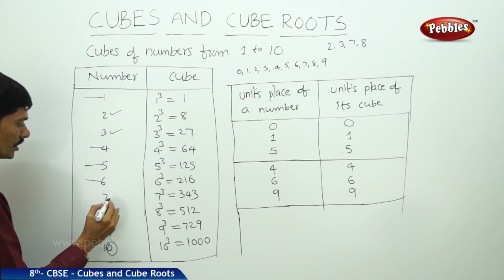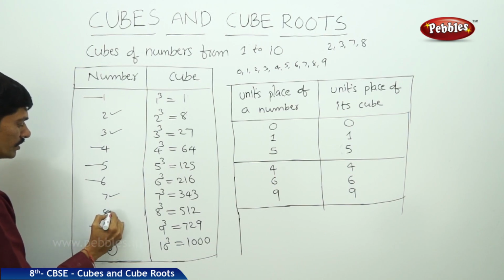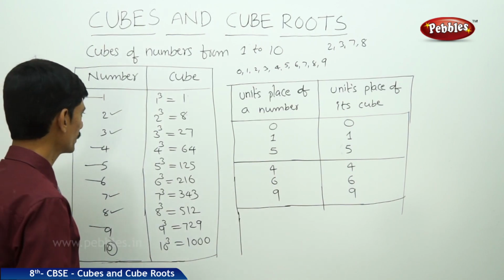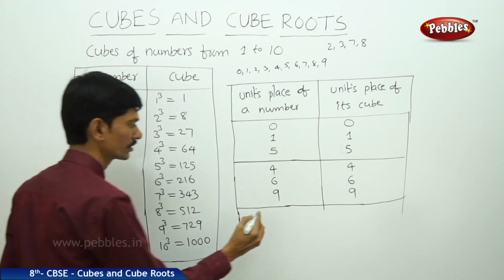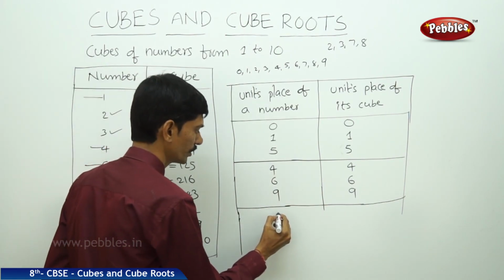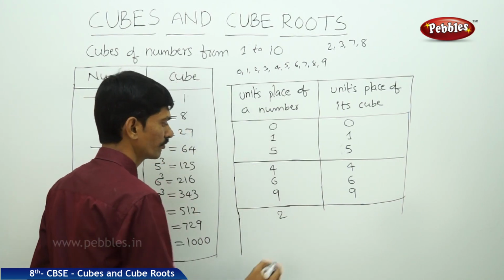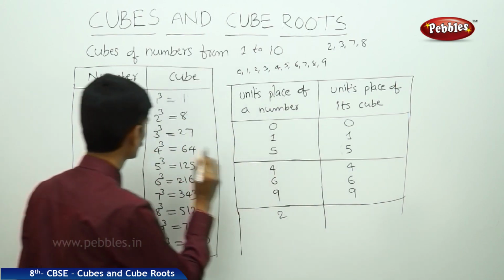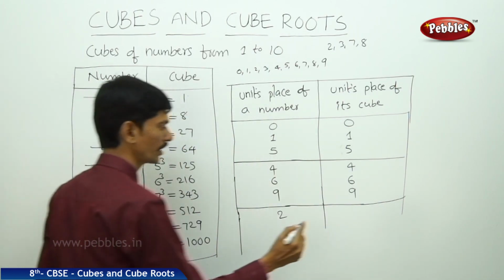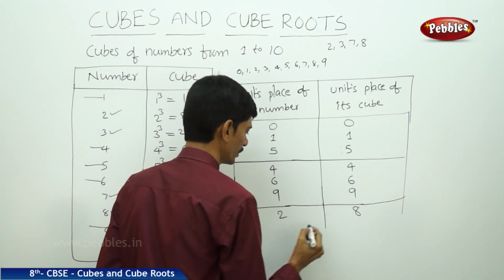Then we take 2, 3, 7, 8. Now what about the units place of the cube if the given number ends with 2? 2 cube is 8. So we can write that here 8.